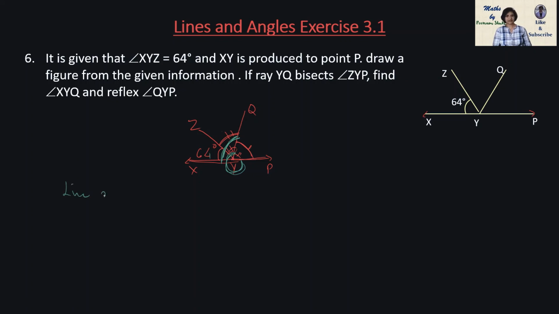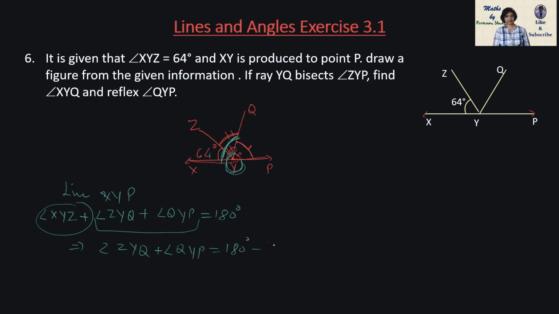On line XYP, you can write angle XYZ plus angle ZYQ plus angle QYP equals 180 degrees. Clear? If you find the total of these two angles, it will be easy. So this implies angle ZYQ plus angle QYP equals 180 degrees minus 64 degrees.